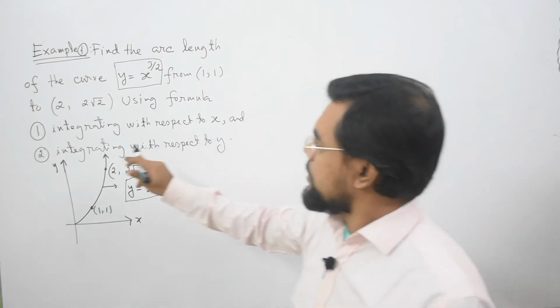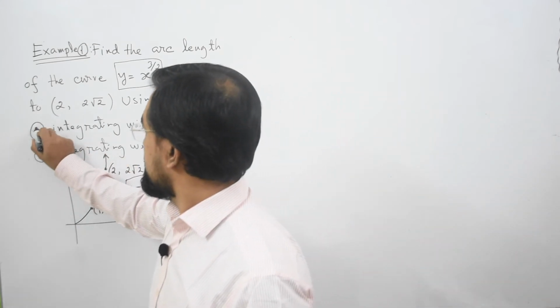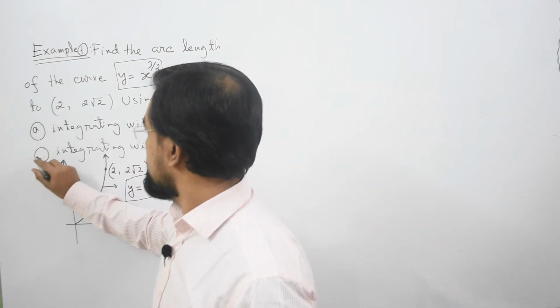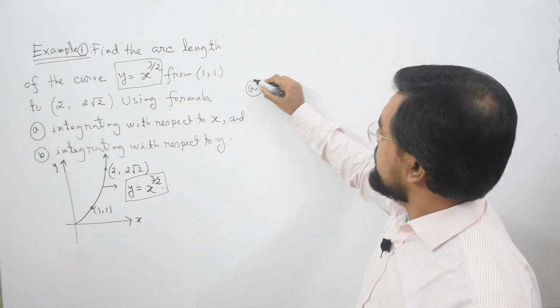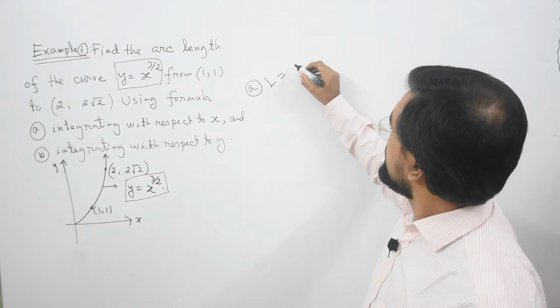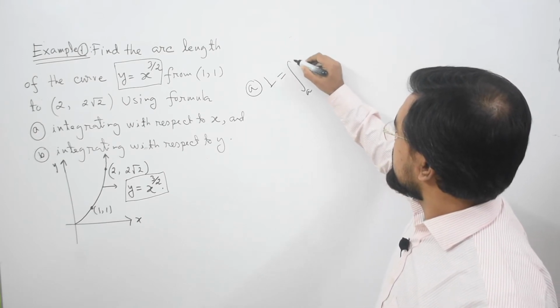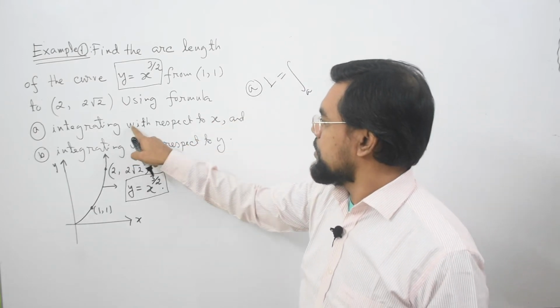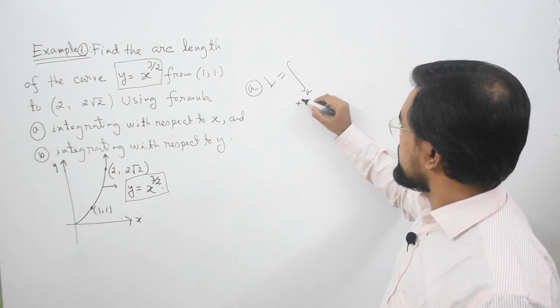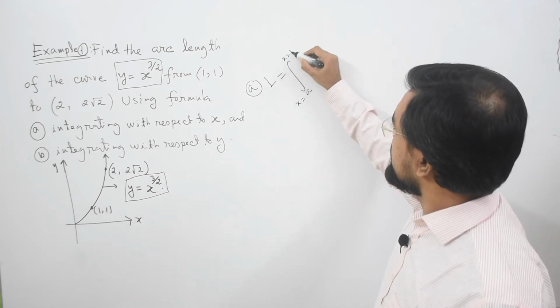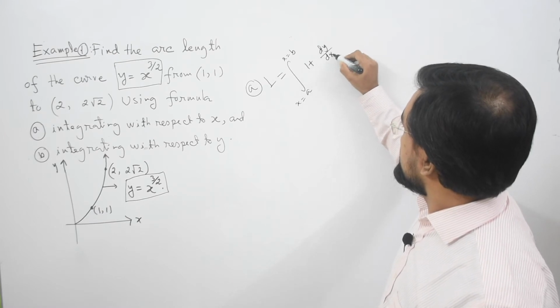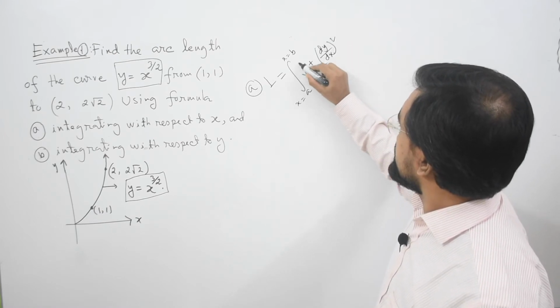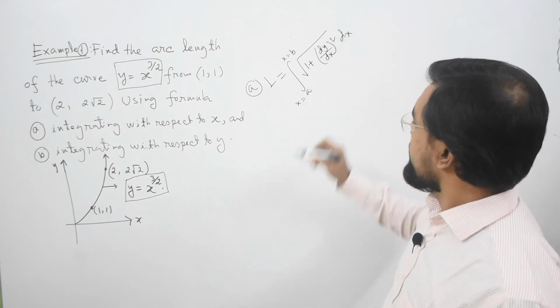So let us first evaluate the first one, which is (a), and for (a) we are going to use this formula, integrating with respect to x: the integral from x equals a to x equals b of the square root of 1 plus (dy/dx) squared dx.